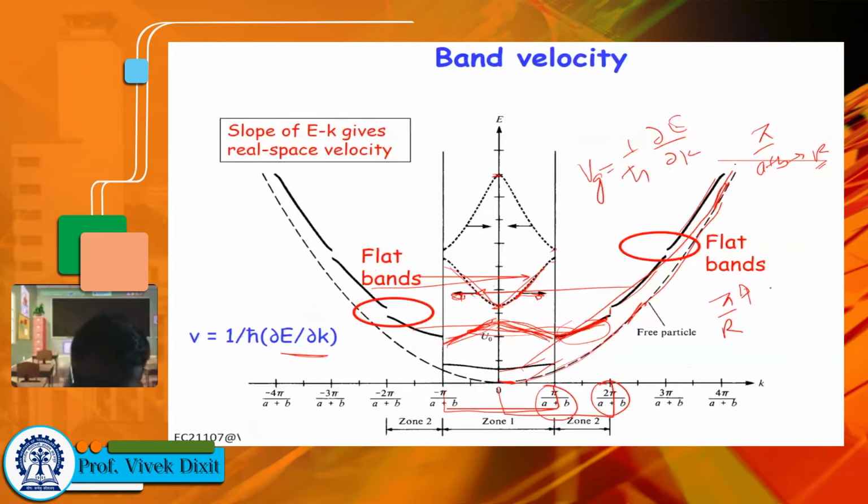Let's say it will become π/r plus some delta. Now when the crystal looks at this wave function, what will it look like? For π/r, it will look as plus π/r, and minus π/r will be the same. π/r plus delta, it will look like minus π/r plus delta, or π/r minus delta, because they are basically the same.